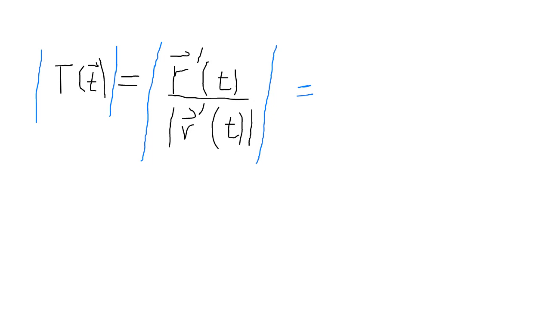What would this equal, class? It would equal 1. That's right, Ryan, because the length of r prime of t is just a constant, so that can be brought out.